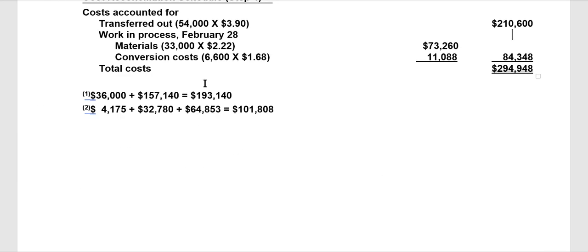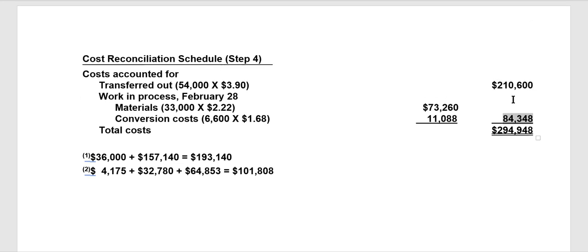And so we take 6,600 multiplied by $1.68 and we get $11,088. When you add the materials and the conversion cost, the ending balance in your work in process account is $84,348.